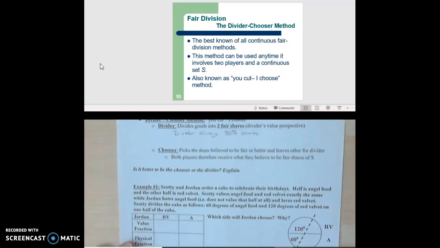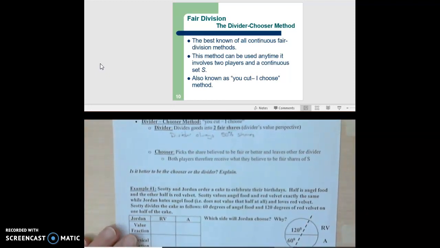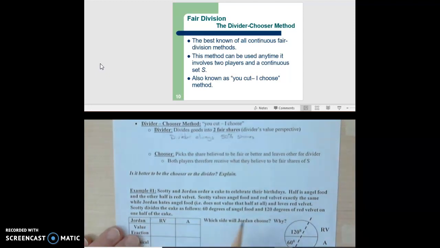And then you have the chooser. The chooser picks the share believed to be fair or better and leaves the other for the divider. So you have a piece of cake. The divider cuts it into what he thinks is a 50-50 fair share.